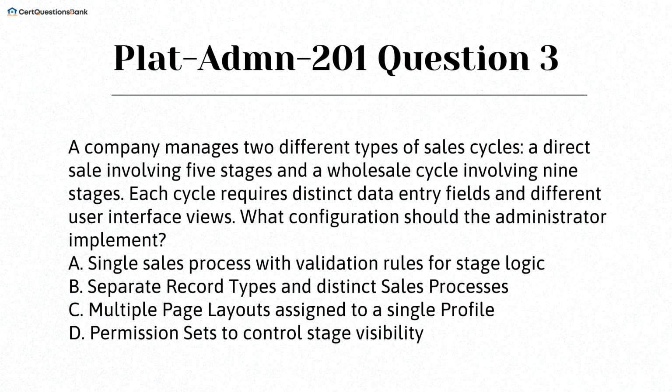A company manages two different types of sales cycles: a direct sale involving 5 stages and a wholesale cycle involving 9 stages. Each cycle requires distinct data entry fields and different user interface views. What configuration should the administrator implement? A. Single sales process with validation rules for stage logic.